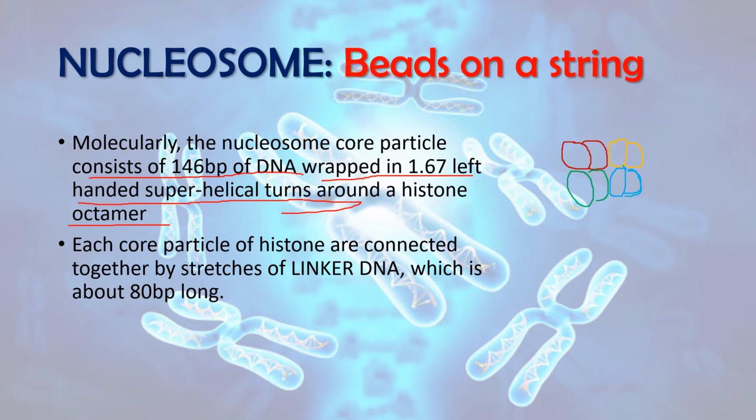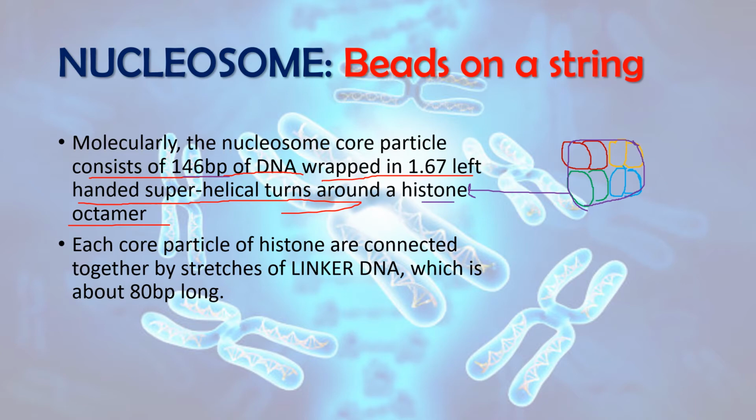Next are DNA. So this particular core is what? This is our histone octamer, because it consists of 8 histone proteins. And this particular nucleosome consists of 146 base pair of DNA.